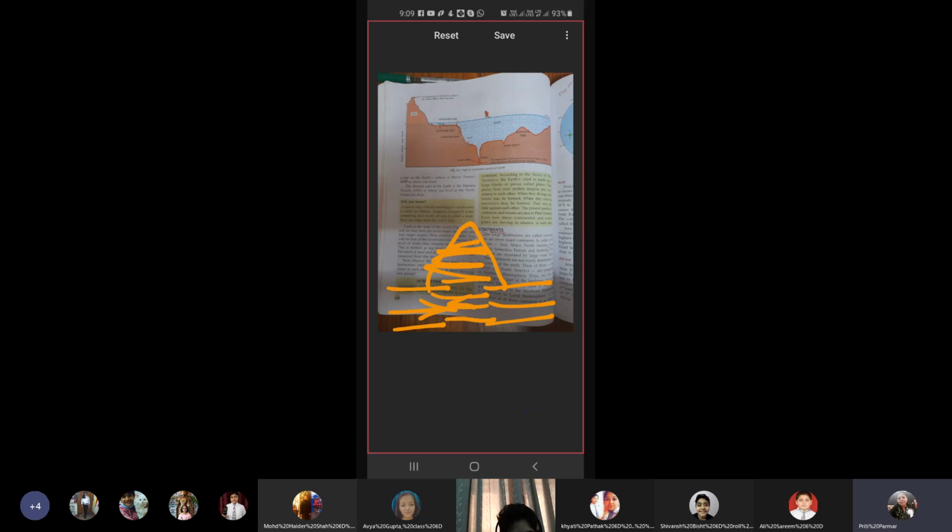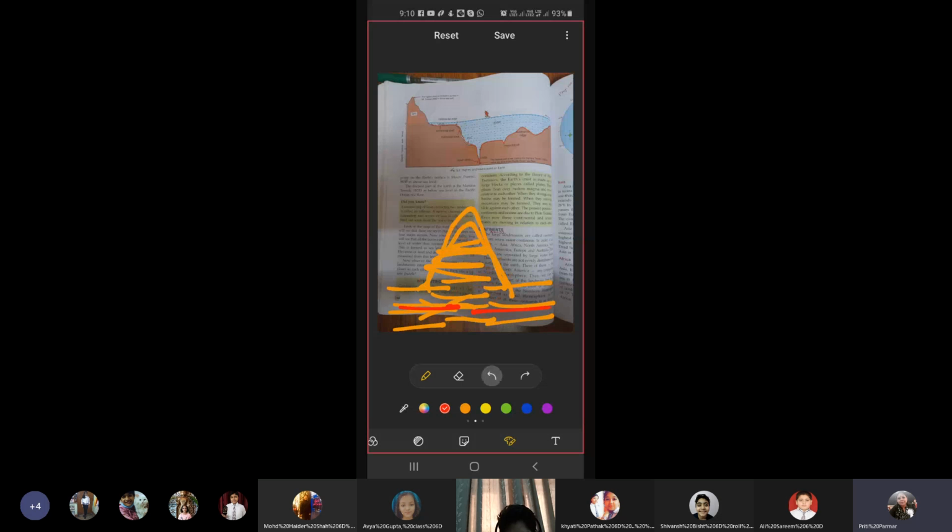Why? Because they come closer. This layer plus this layer come closer, make a collision, and give rise to a mountain. So these are tectonic mountains; the plates or the layers of the earth rise up.